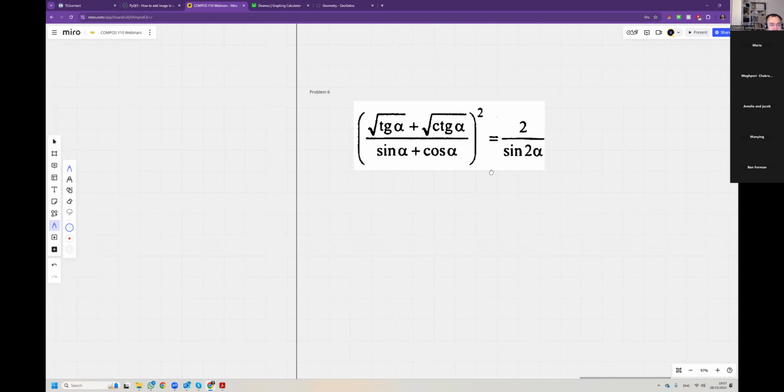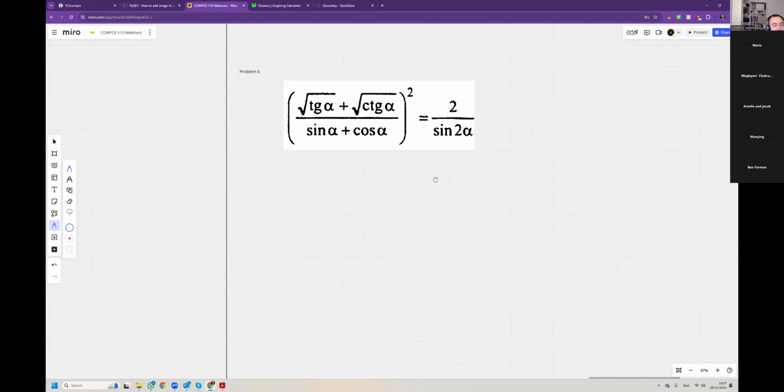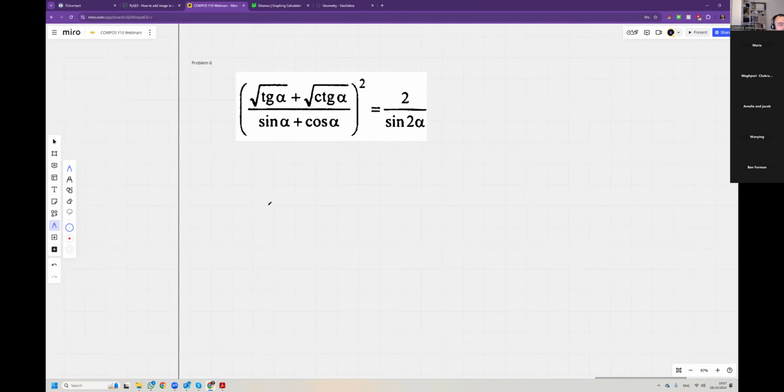Problem 6. Nothing new. I won't be showing anything really new if you think about it. So here I'm just going to expand.